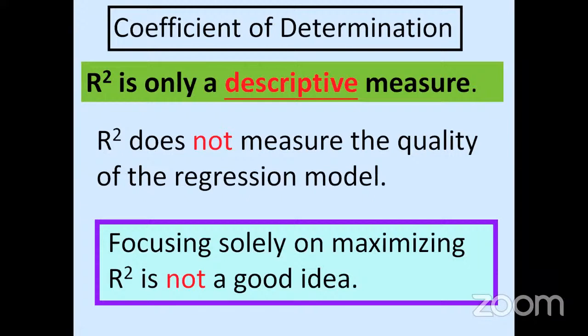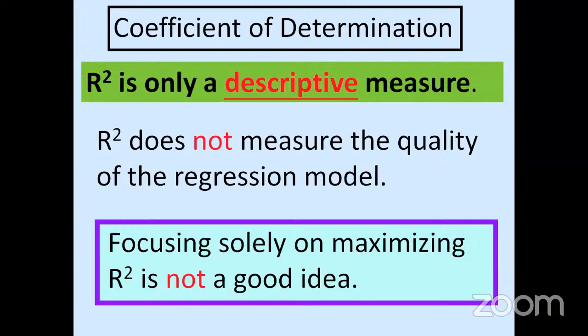Okay, so I'm telling about the coefficient of determination, R square. When I receive some papers to verify, I generally find very high R square or very low R square, but they show some kind of significance.